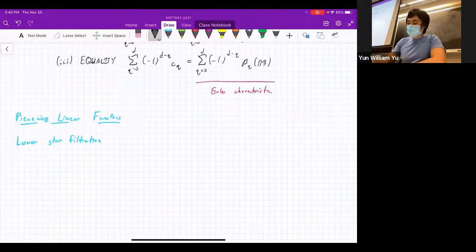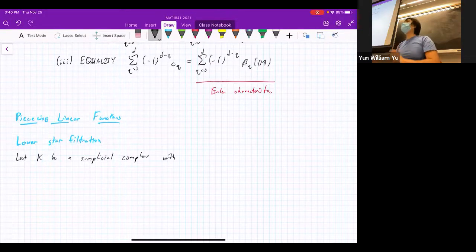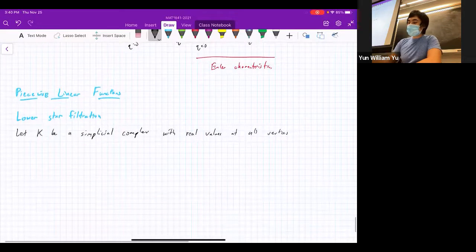So if we let K be a simplicial complex, so we're back in combinatorics then, what we're going to do is for our simplicial complex, we're going to assign a value for each of the points. So with real values at all vertices. Okay.